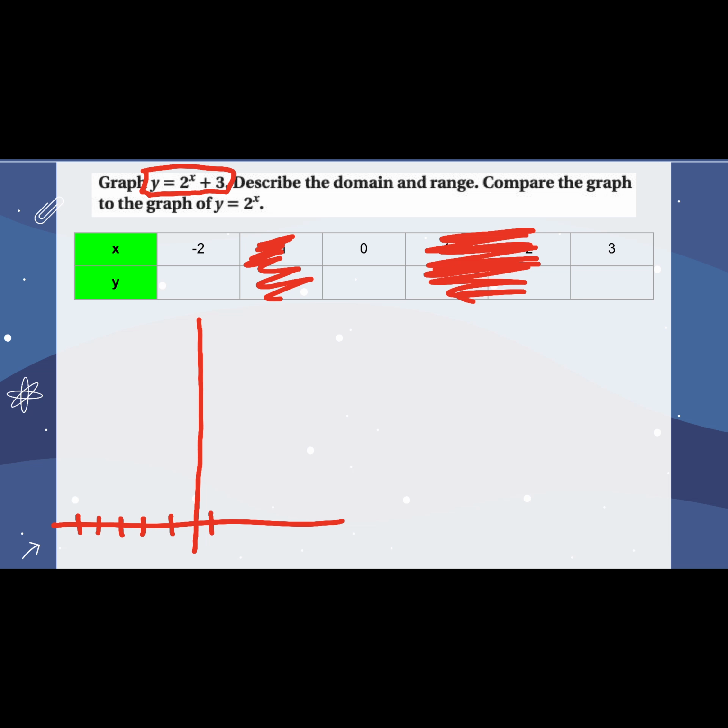All right, find those. Sketch your graph. The graph that I am sketching is of y equals 2^x, so do not copy it because that would not be correct.